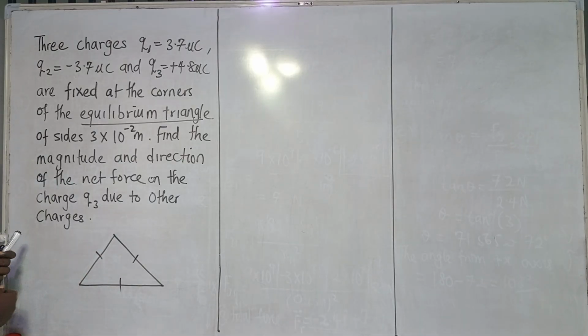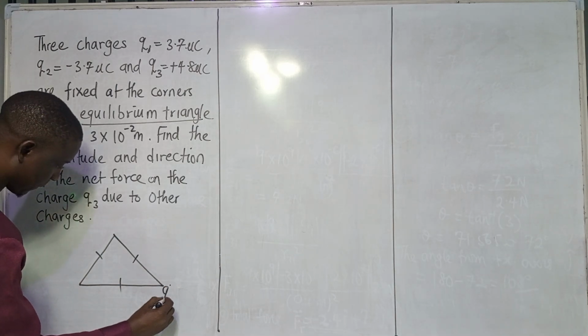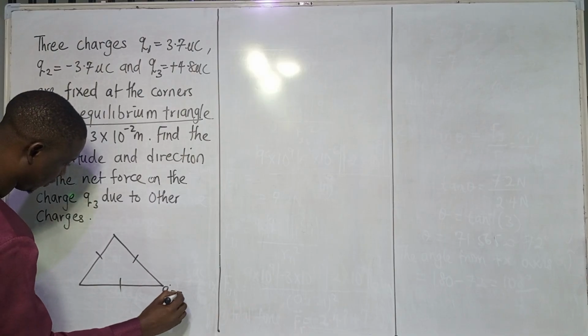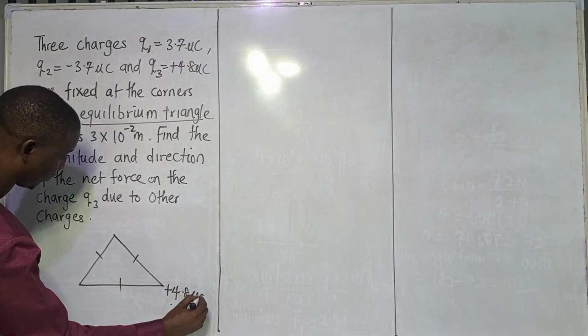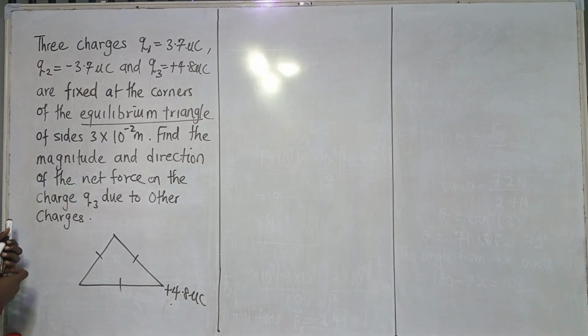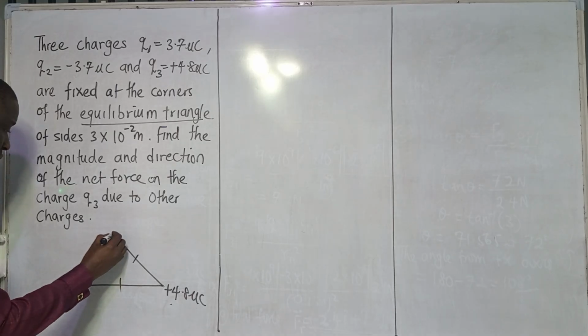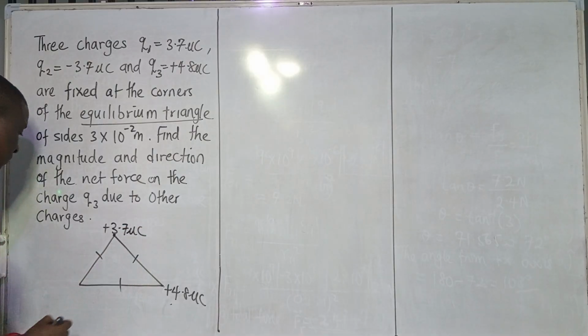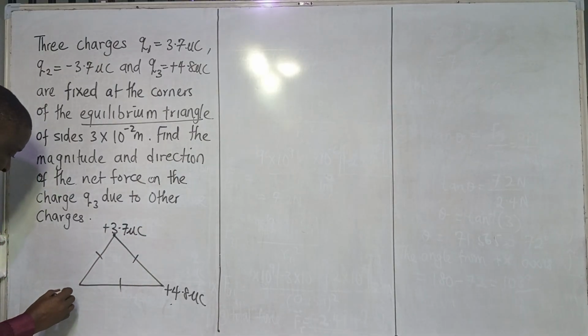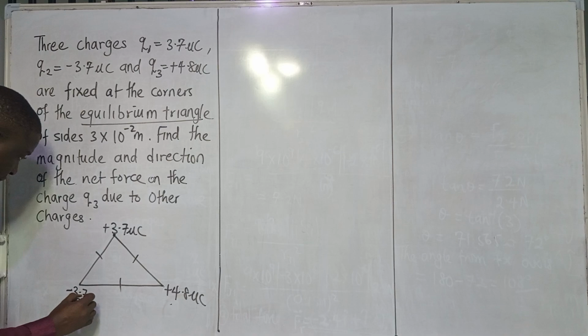Now, if all sides are equal, and they said three charges Q1, Q2, and Q3 are placed at the corners of the equilateral triangle, let's place our Q3 here as plus 4.8 microcoulomb. Then we have our Q1 as plus 3.7 microcoulomb here. Then let's have this one as minus 3.7 microcoulomb.